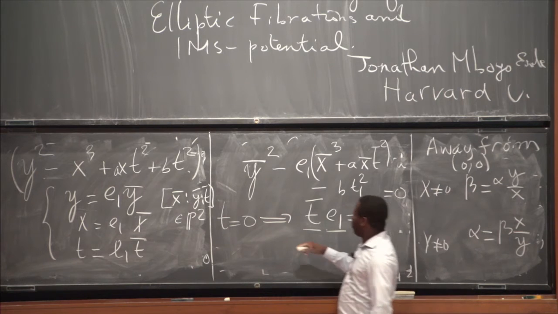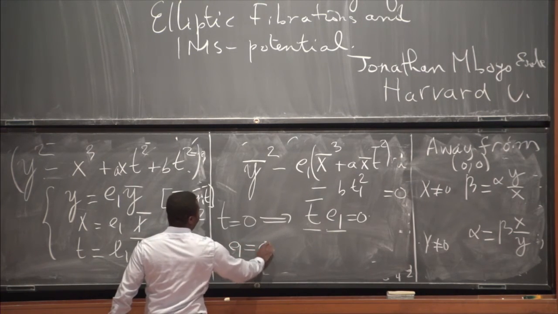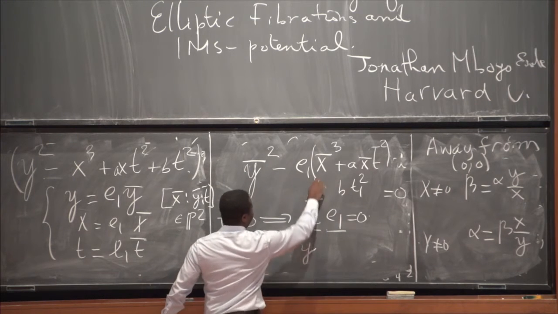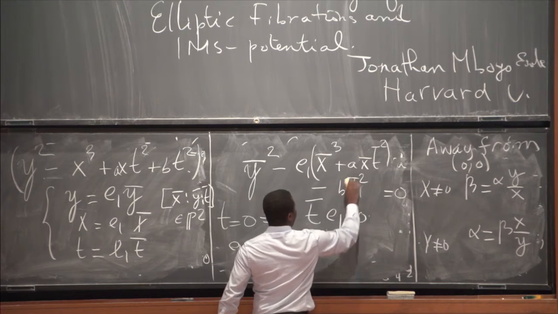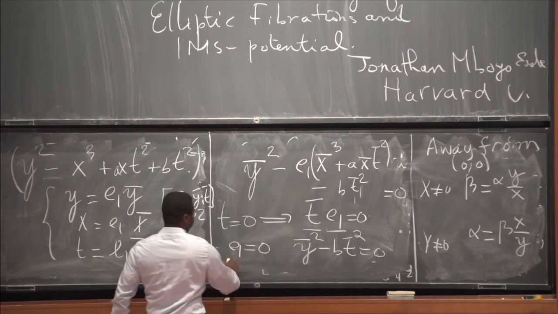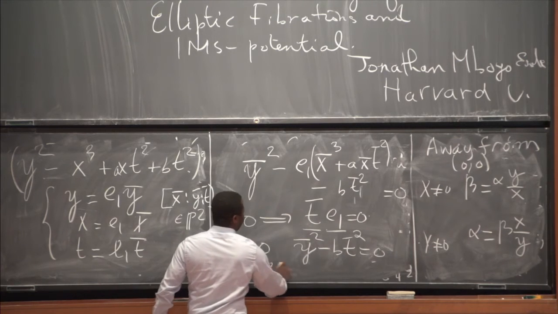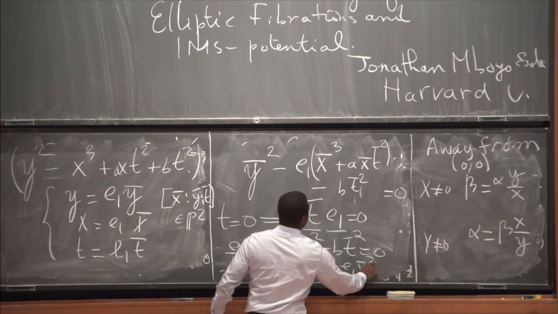And if you look at the first component, so if you look at E1 equals 0, you see that this part disappears. And you just have a quadric. Whereas when you look at t equals 0, you just have what is actually a normalization of a curve.